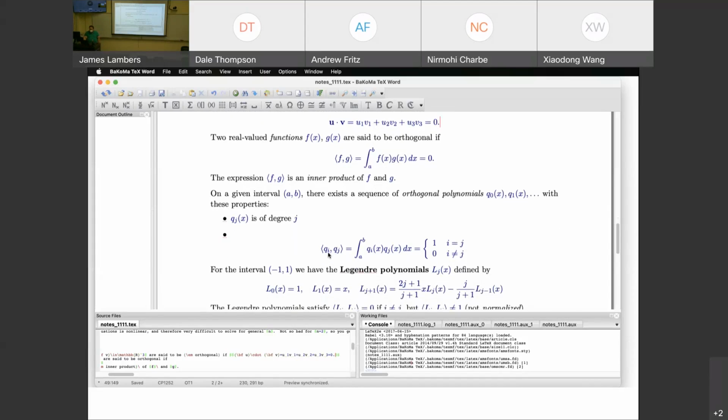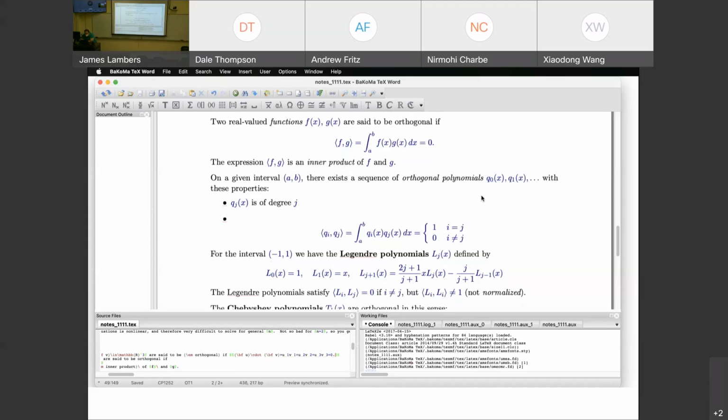The inner product of each Qi with Qj is 0 if i is not equal to j, and 1 otherwise. So you can think of these polynomials as being like unit vectors in the sense of this inner product. When you take the inner product of a vector with itself, that is its norm squared. So what I'm saying is that the norm of these, in that sense, is 1.